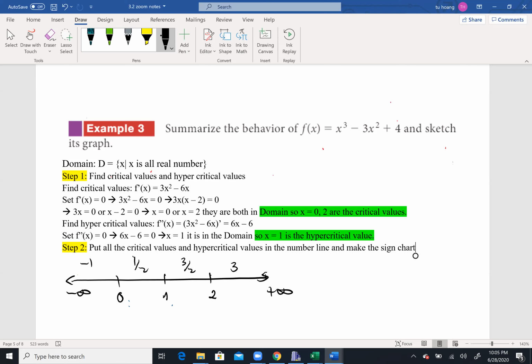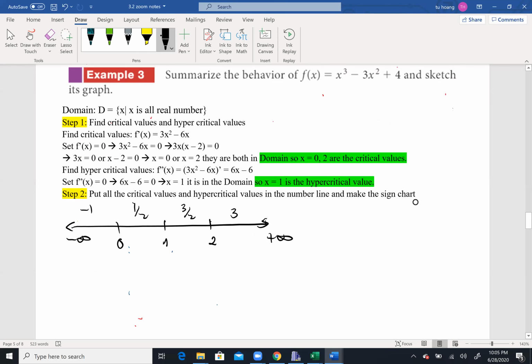Okay, so now what happened? For f derivative of x. Okay, you know what? I'm gonna have a line here to separate f' and f''. Okay, and f second derivative, x, not t, x. Why do I keep writing t?